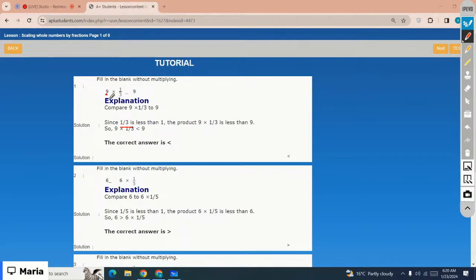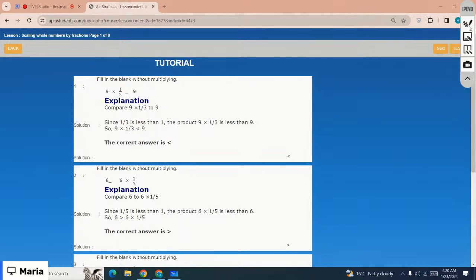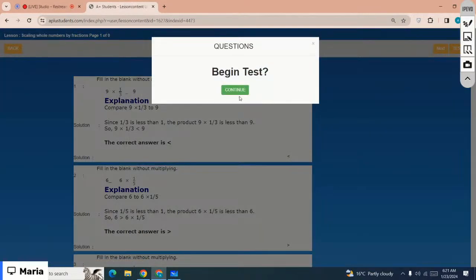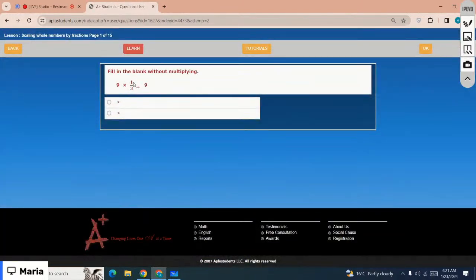When you multiply a whole number by a fraction, it divides the whole number into small portions, isn't it? That's why when you multiply a whole number with a fraction, you get a smaller number. Let's start with the test questions. Fill in the blanks without multiplying. 9 times 1/3 is less than 9 or greater than 9?